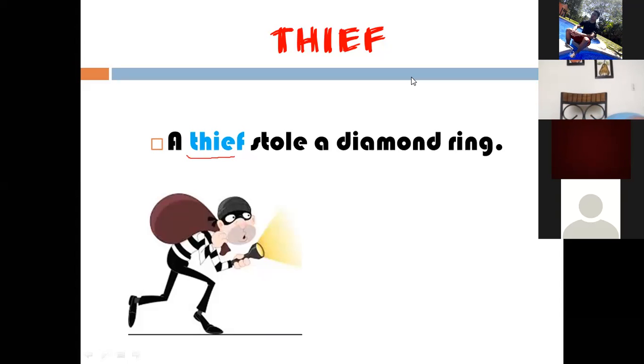Dimitri has an example, good. Yes, Alessandra, please copy the example: the thief had advanced technology to steal the diamond. Like the minions, yes, minions are specialists at stealing something.